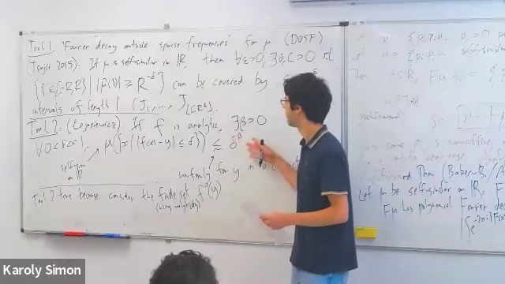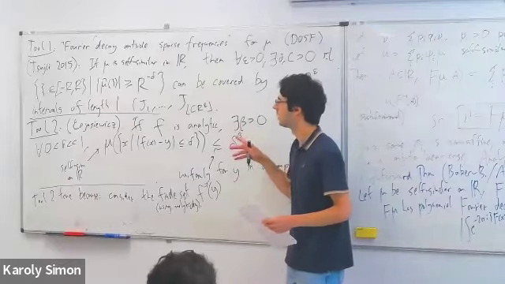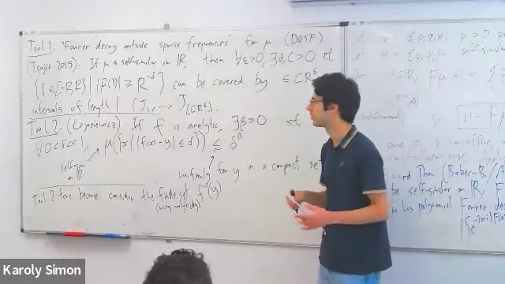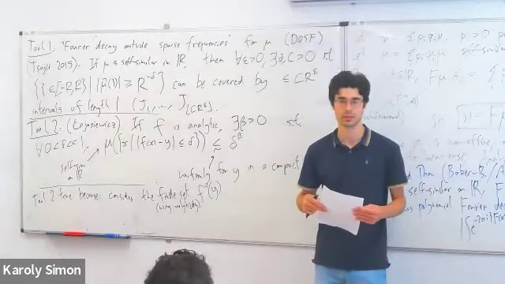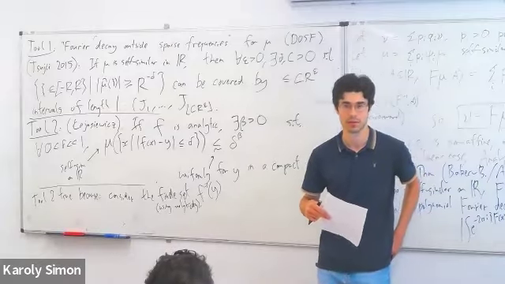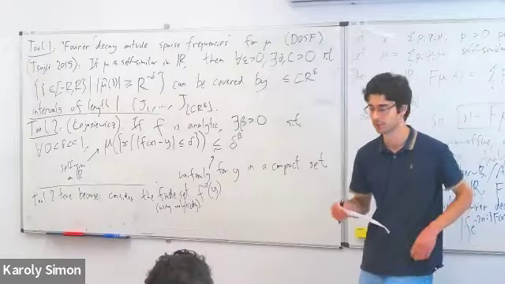But this is a very basic one-dimensional version of this, and later on, if I have time, I want to state a higher dimensional version which should shine a bit more light on this theorem. Does that answer for now? Yeah. Okay, cool.